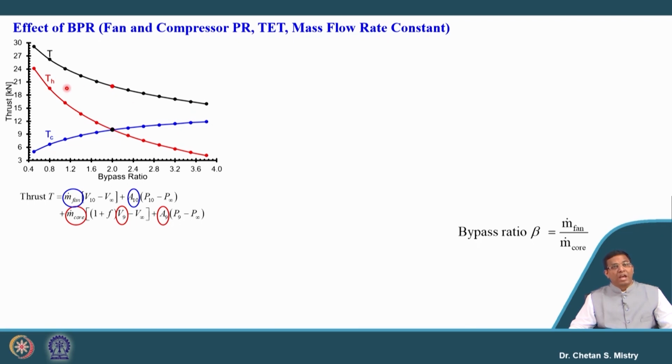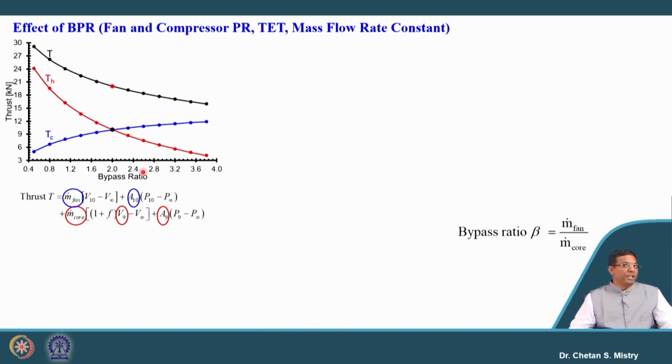and that is the reason why you are having an increase of thrust. At the same time, for the hot configuration or the hot nozzle, with the increase of bypass ratio, my thrust is going to decrease. So, here we are having a different trend. It says if we are increasing the bypass ratio, my thrust is going to decrease. Again, this is with the configuration of a particular fan, compressor and turbine entry temperature, which are constant.